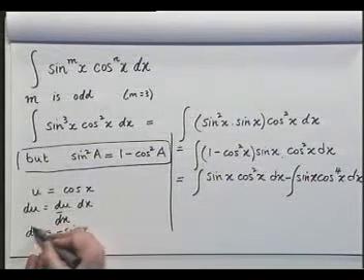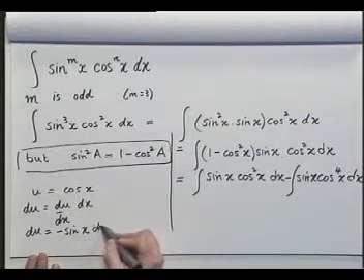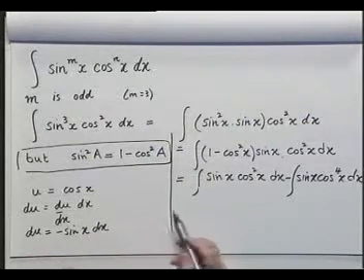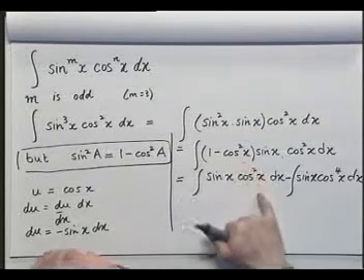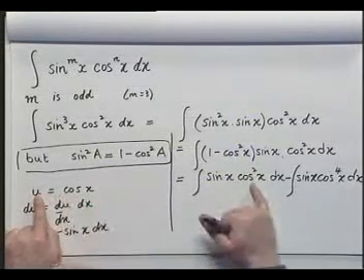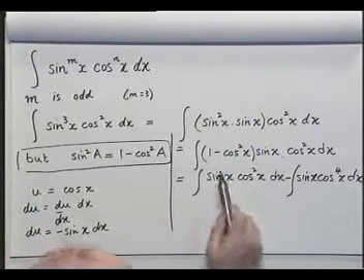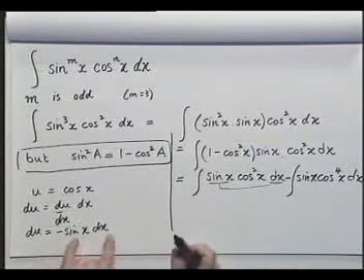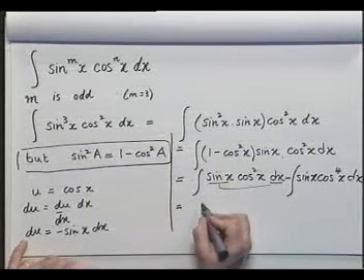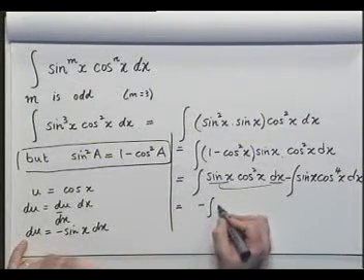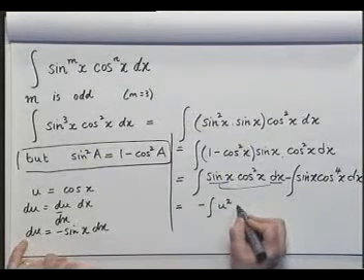So we've got du is minus sine x dx. Now, look at what we've got when we make this substitution. The cosine squared x will become simply u squared, and sine x dx altogether can be written as a minus du. So this will become minus the integral of u squared du.